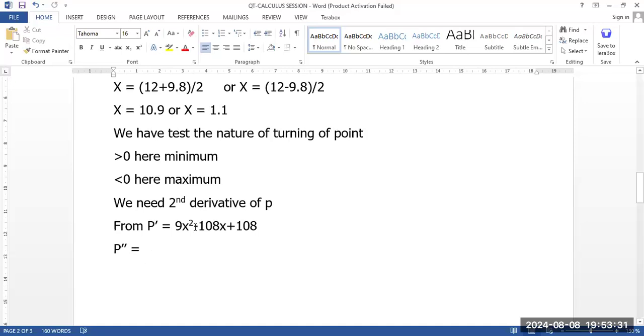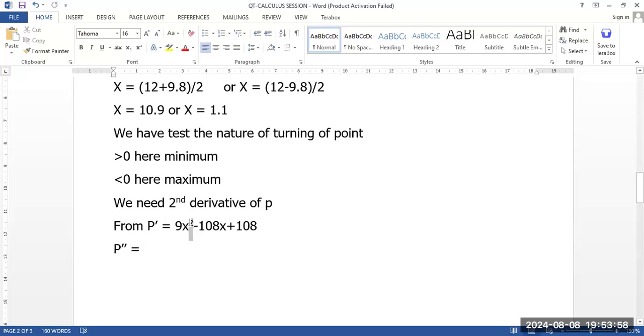Olivia, if we differentiate this, what do we get? If we differentiate 9x squared, what do we get? Dixon, if we differentiate this, what do we get? 18x.